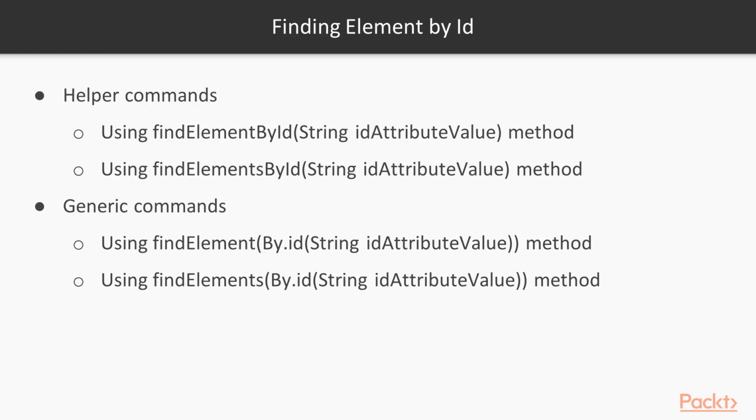The generic approach is to find elements using the findElement method. Pass the By abstract class and call the id static method of this findElement generic method. The findElement method call returns a WebElement object and the findElements method call returns a collection of WebElement objects.